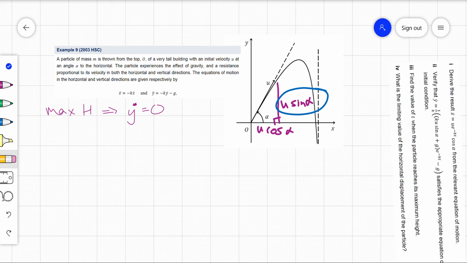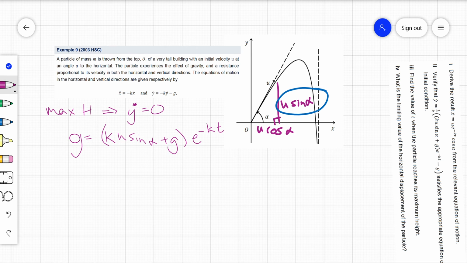So we've got 0 equals 1 on k, but if I times by 0, that's going to be a 0. So I'll just look at the inside, and I've got ku sine alpha plus g e to the minus kt, and I've got minus g, so I'll add it to that side, so that equals g.